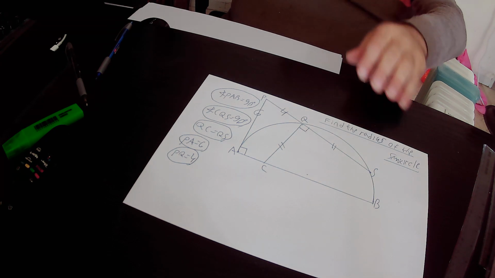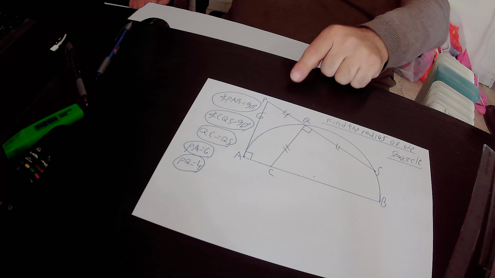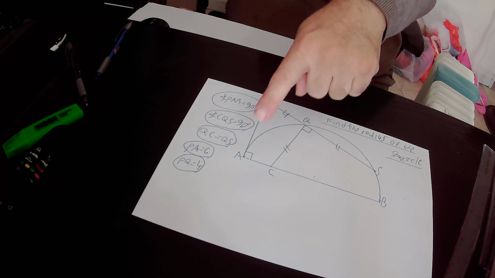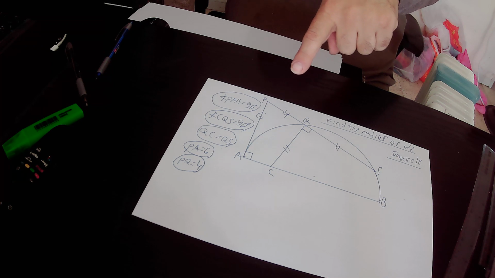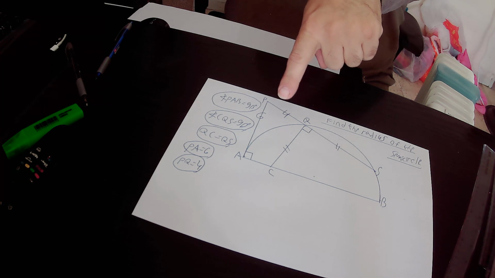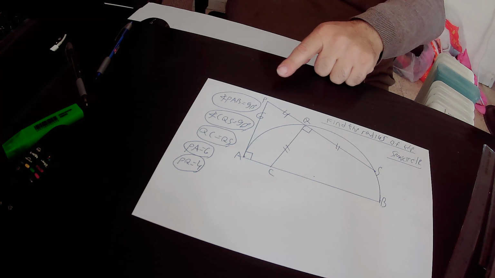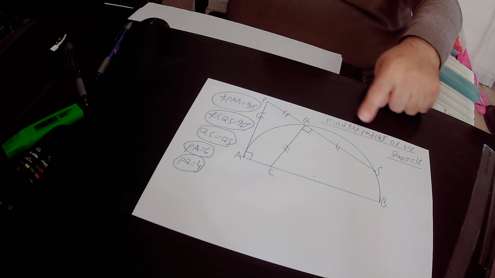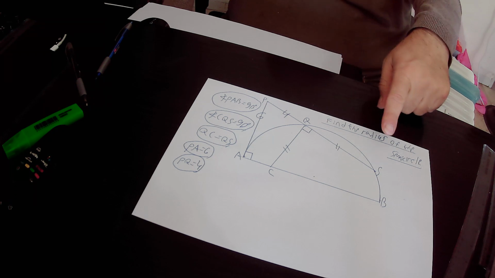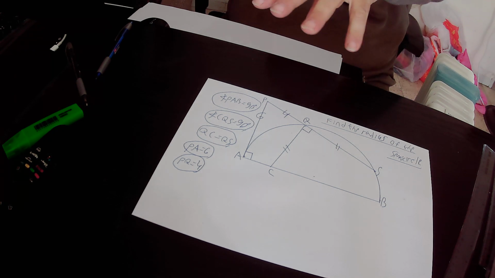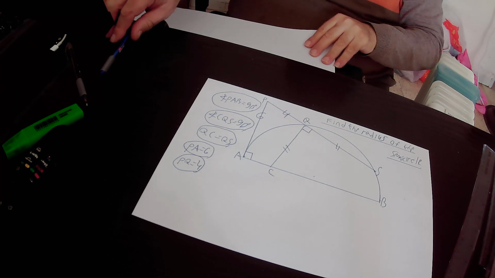Why? Because in our drawing, if we focus on point P, from point P we have tangent PA to the semicircle. Tangent PA is tangent to this semicircle at point A, and we also have here line segment PS that cuts the circle at points Q and S. For that reason, we can actually implement here rule number 10.